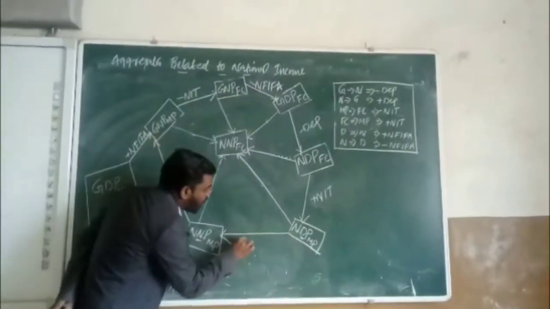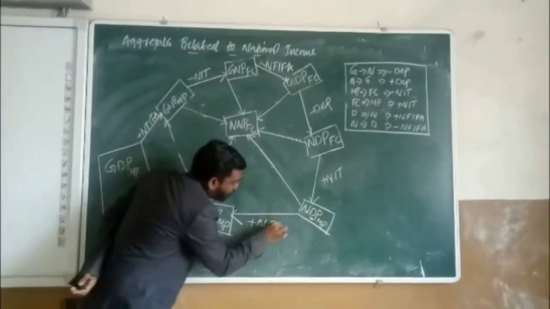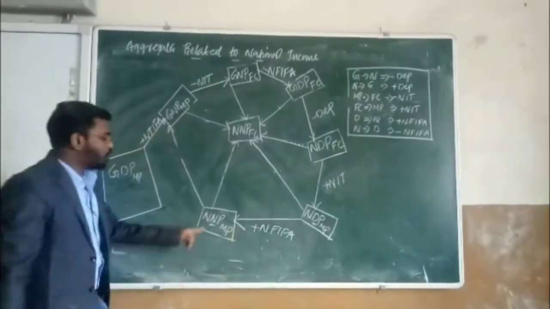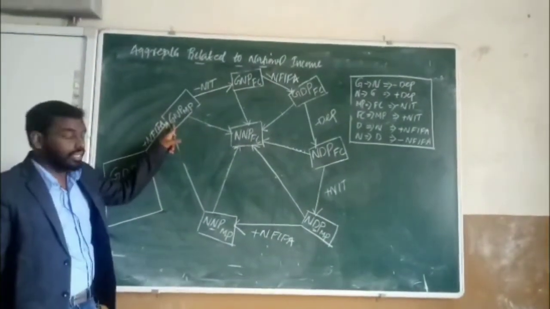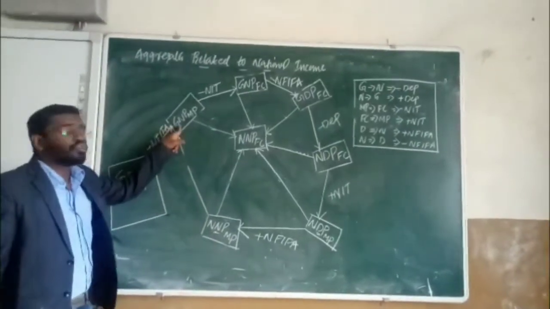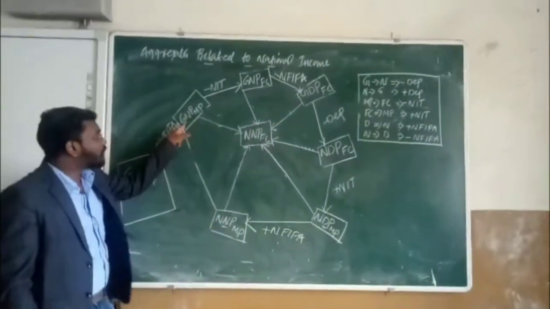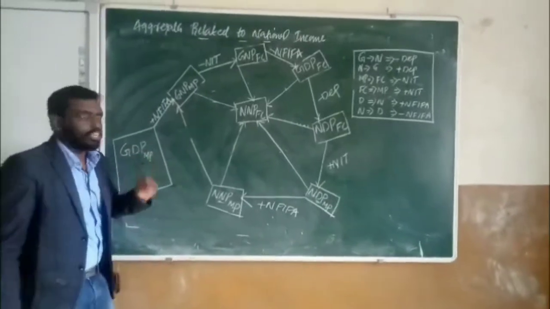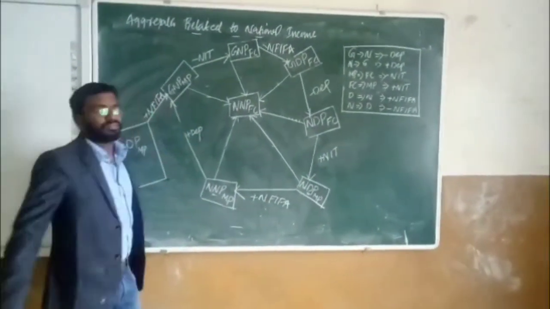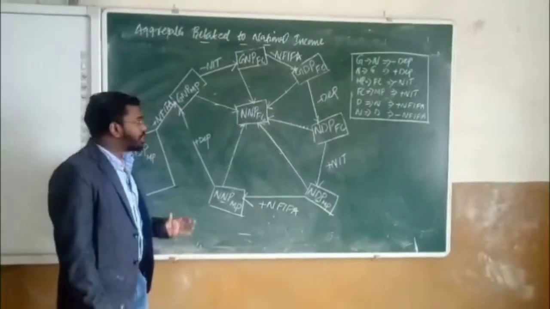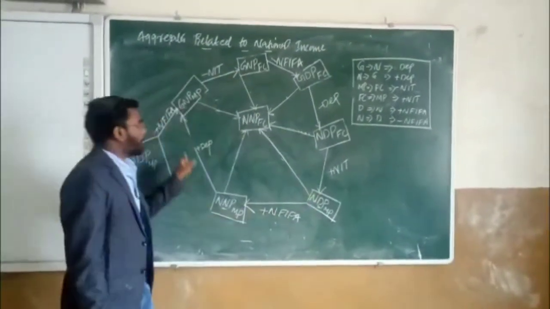How is it possible? By adding NFI-FA. Next one, NNP-MP is changed into GNP-MP. N is changed into G, that is by adding depreciation. So that is a circular flow.